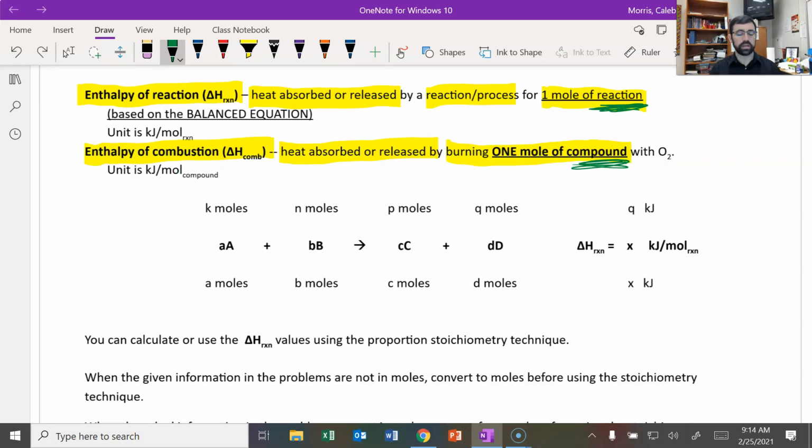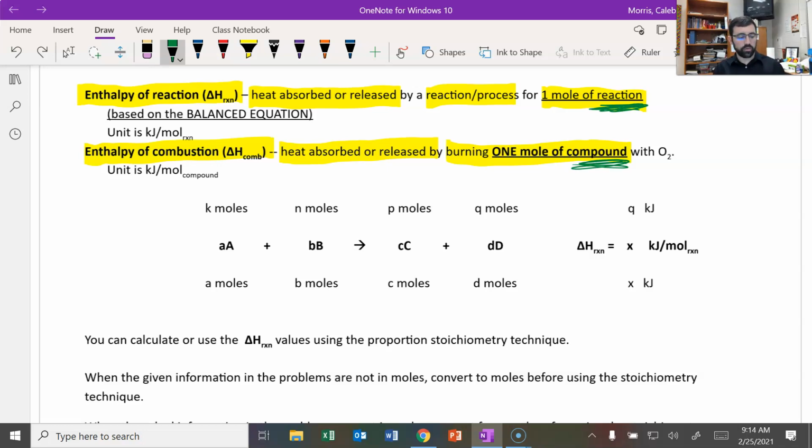So you're going to end up doing just the heat or the enthalpy that's produced divided by the number of moles that were consumed in the case of combustion, or the number of moles of reaction that occurred in the case of enthalpy of reaction. We're going to do some examples and it'll make more sense then.